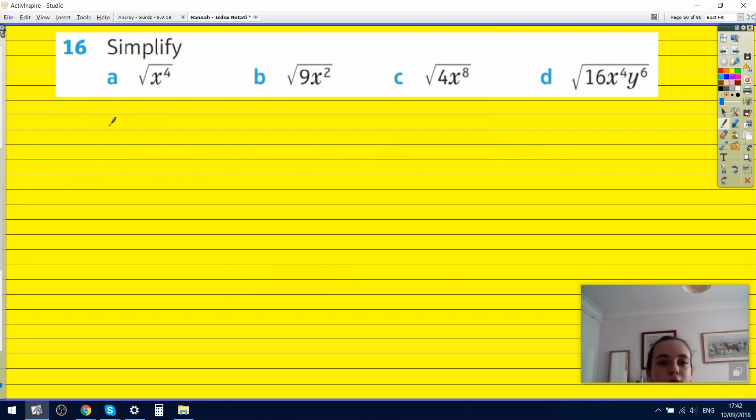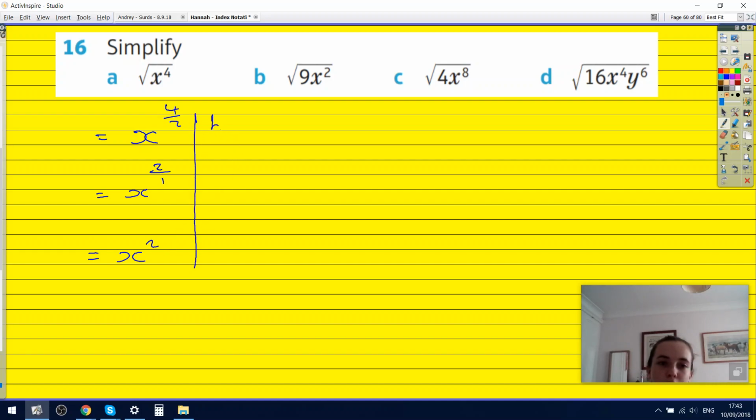Let's try A. X to the 4/2. And what is 4/2? Half. That's 2/4? 4/2? 2/1. Even simpler? Or 2. Yeah. X squared.